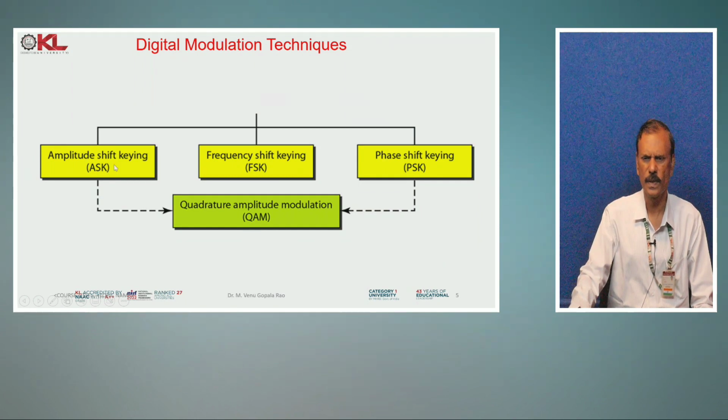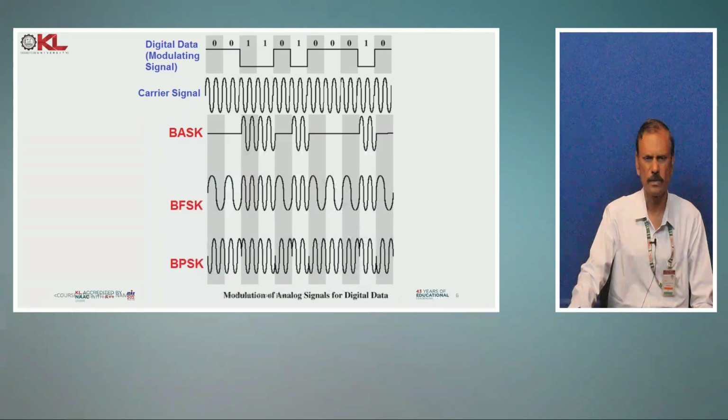Amplitude shift keying resembles amplitude modulation in analog communication. Similarly, frequency shift keying resembles frequency modulation in analog, and phase shift keying resembles phase modulation in analog. Okay, the combination of amplitude shift keying and phase shift keying, we are going to study as quadrature amplitude modulation. So one by one, let us study these.